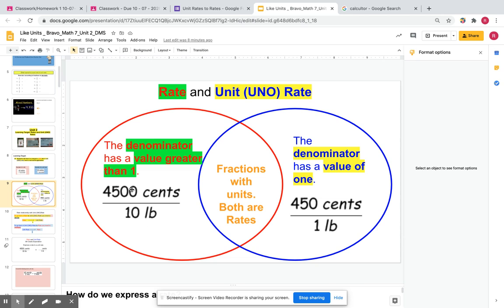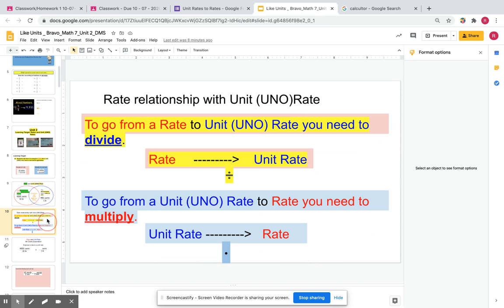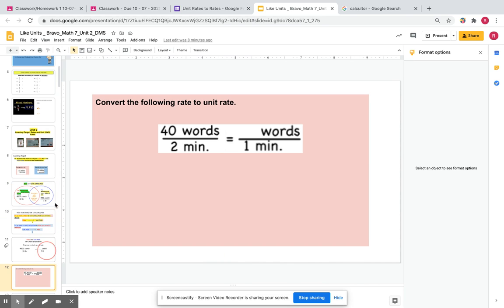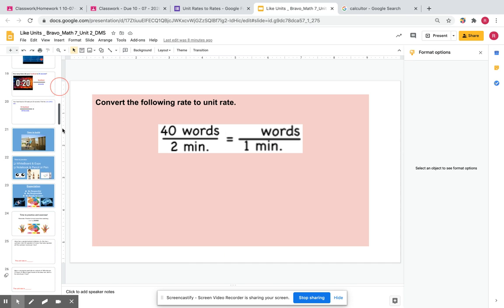We're learning to simplify fractions with units to a unit rate where you have the number 1 in the bottom. So let's do some example problems, and we'll talk a little more about the skills and everything integrated together.